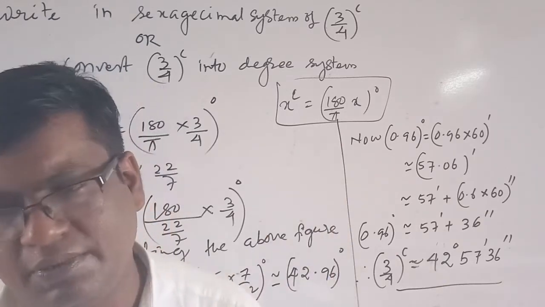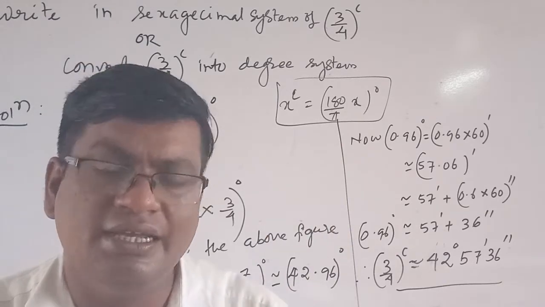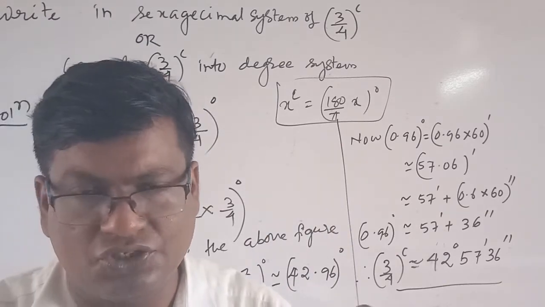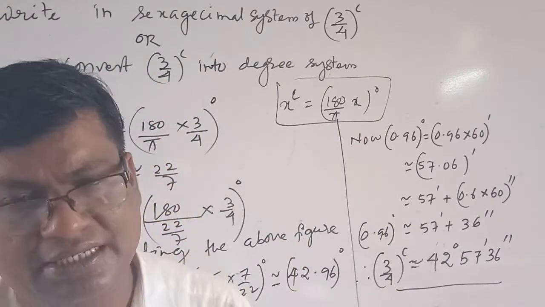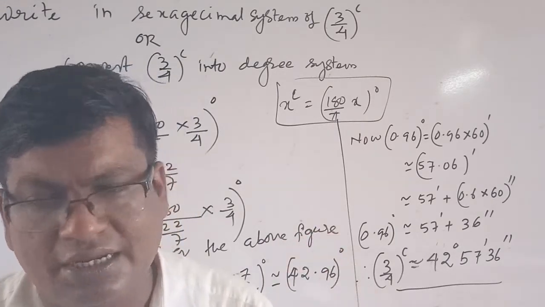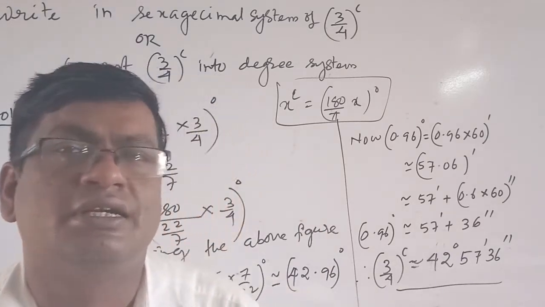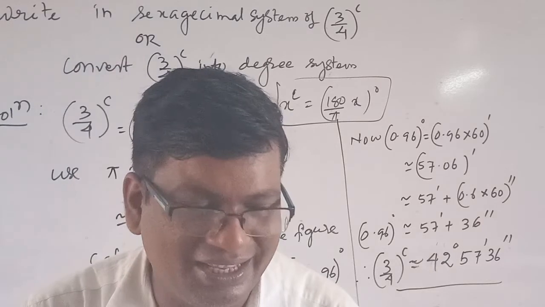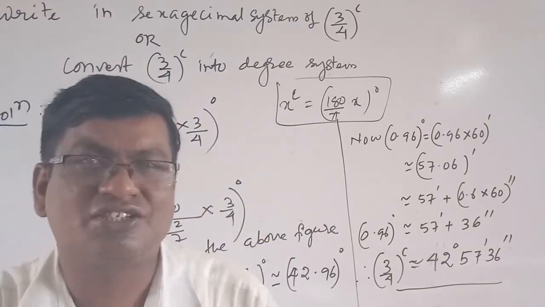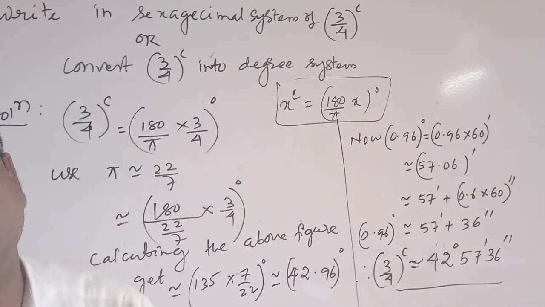These are called trigonometric ratios also because each and every trigonometric function can be expressed as a ratio of two sides of the right angle triangle. That's why these are also called trigonometric ratios. Okay, so let's discuss about trigonometric ratios.